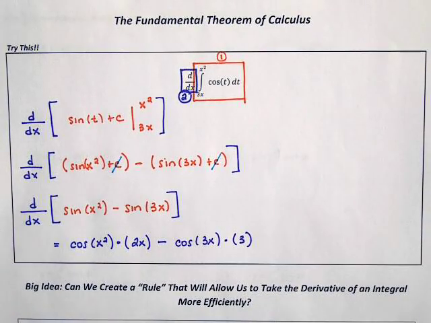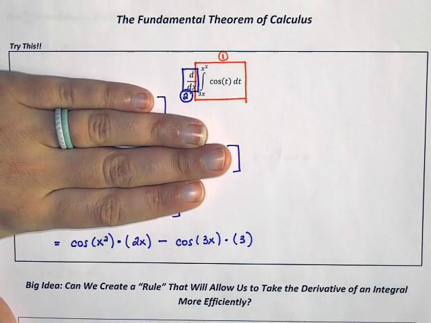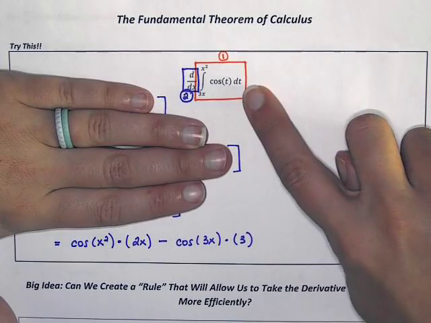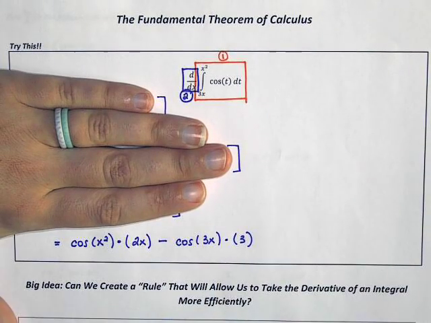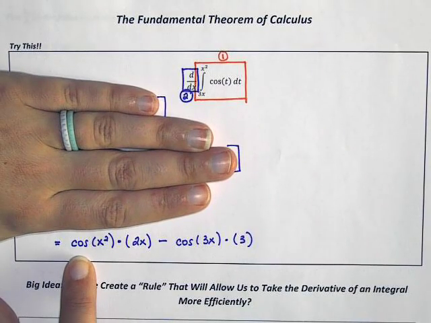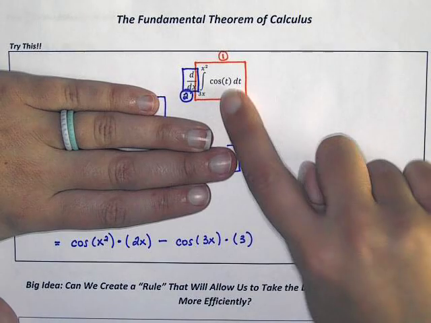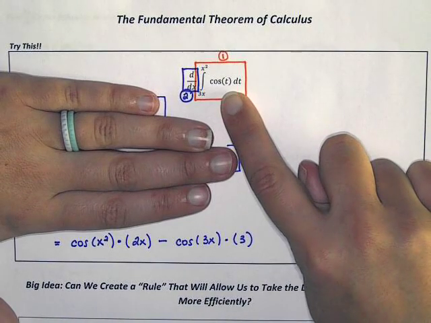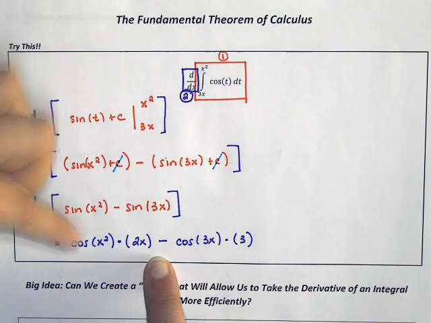Now what I'd like to do is compare our final answer to what we started with. If we pretend all this work didn't happen and we look for a connection between our original problem and our final answer, what you should notice is that in our final answer, we end up with a cosine function for both of these terms, just like we started with a cosine function inside of our integral. Now to get here, we used a sine function and then we did the derivative.